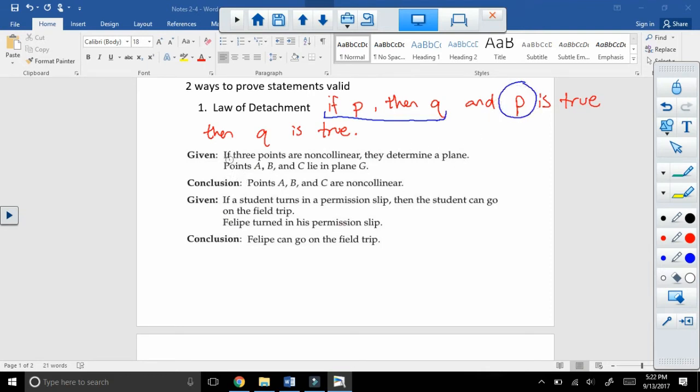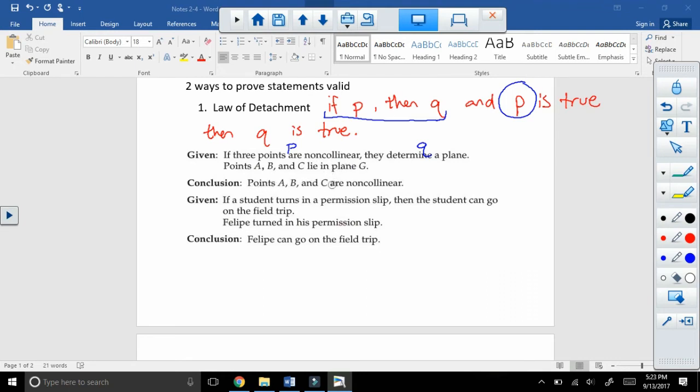So looking at these, it says if 3 points are non-collinear, so that would be the hypothesis. You have 3 points that are not collinear, then they determine a plane. So that's the conclusion. The next thing that you know is you know that these 3 points lie in a plane. I want to know, can I make this conclusion?